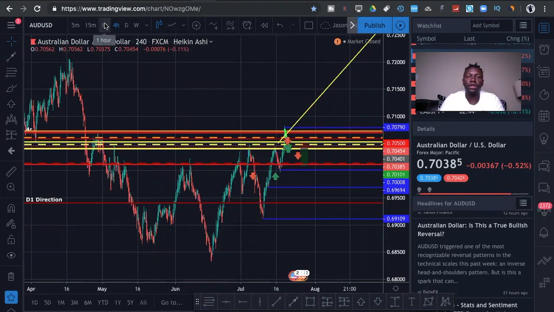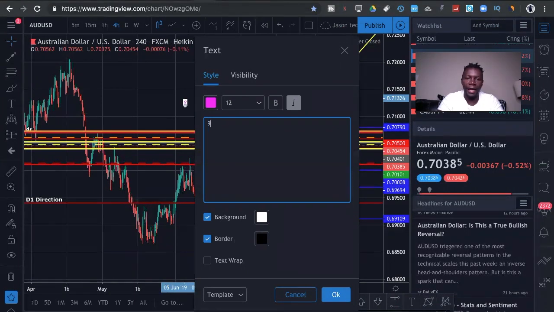Most people use EMAs of, let me go ahead and get the text going so I can tell you guys: a moving average of 9, moving average 20, y'all excuse my typing, and 200 moving averages. These are what most traders will use.